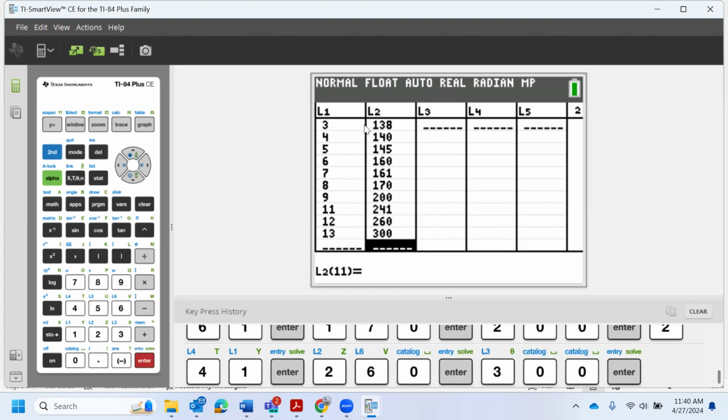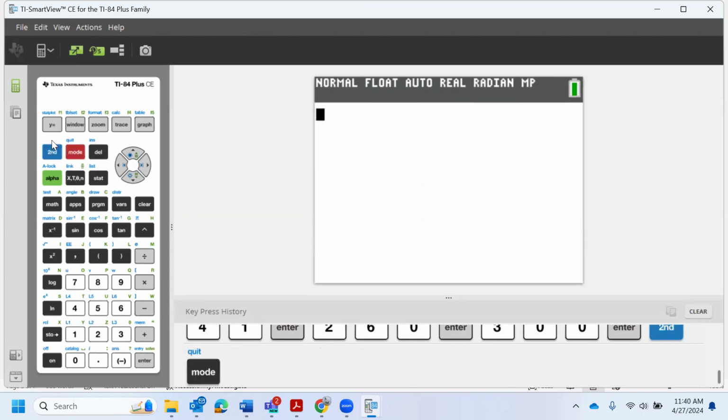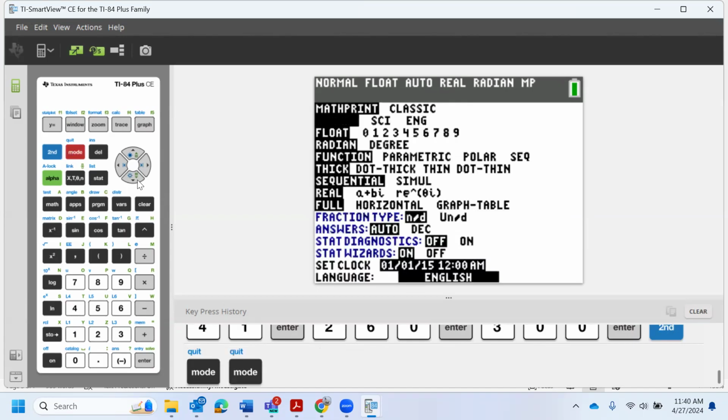And when you check it horizontally, 3 and 138, 4 and 140, and so on. Once you have keyed in, you press second quit. You go to the mode first, and then turn on your diagnostic.